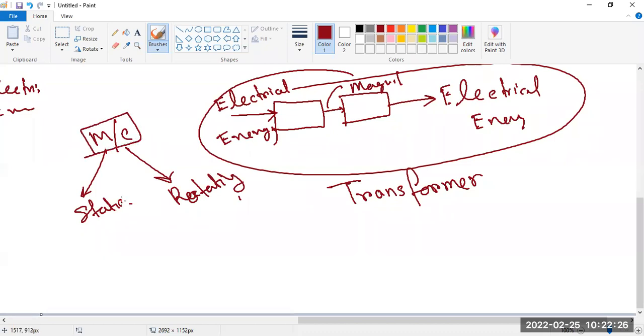So static machine is transformer. Example is transformer. You can see this transformer is everywhere in our society, in our practice.